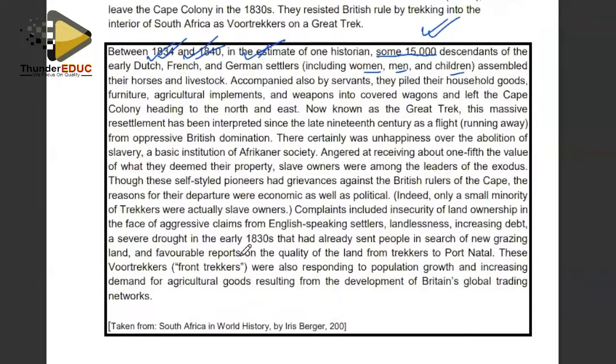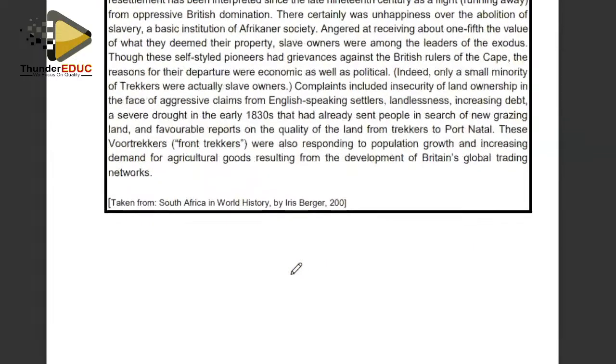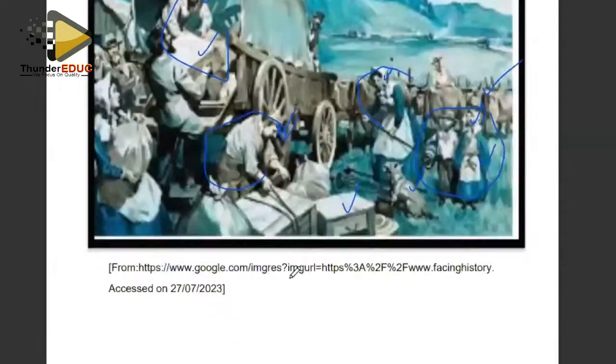You can also talk of this one here. Piled their household goods, their furniture, their agricultural implements, and weapons. Those are some of the goods that they took. Their household goods, their furniture, their agricultural implements. How is it supported? It's supported here. We can actually see that this is furniture. Probably it's a table.